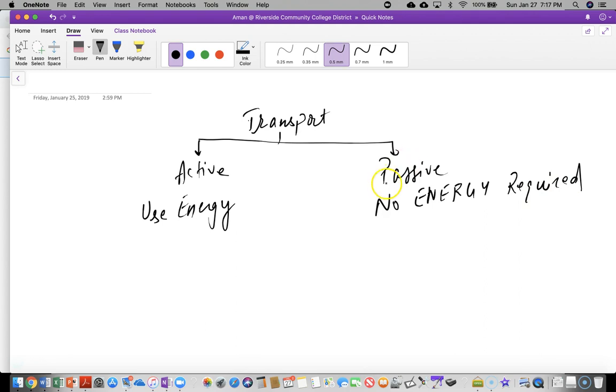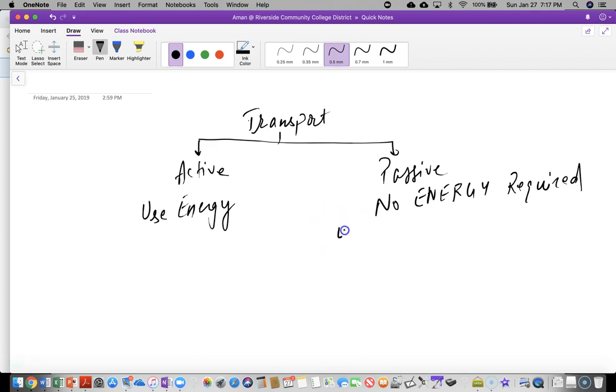Okay, now in passive transport, what happens is, let's say glucose has to move from its high concentration to a lower concentration. So it has to move from one place where there's a lot of glucose and wants to move to the place where there's less glucose. That's going to be a passive transport. Okay, it moves with the concentration gradient.